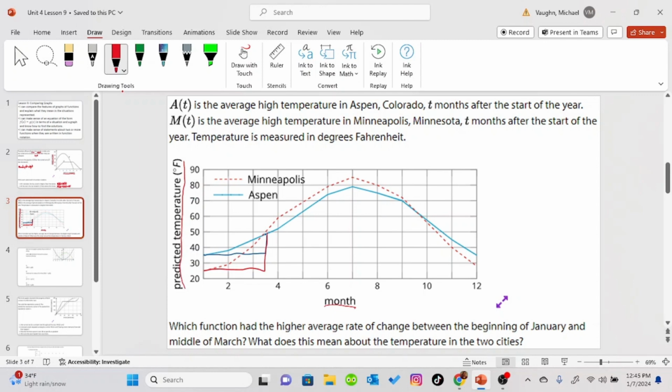So if they both end up in the same temperature, but Minneapolis started 10 degrees lower, that means Minneapolis needed to increase a larger amount in the same time. Therefore, Minneapolis has the higher average rate of change.